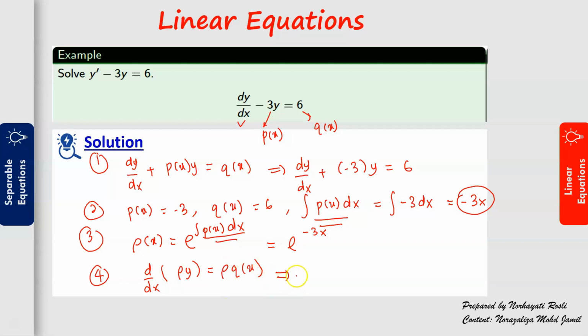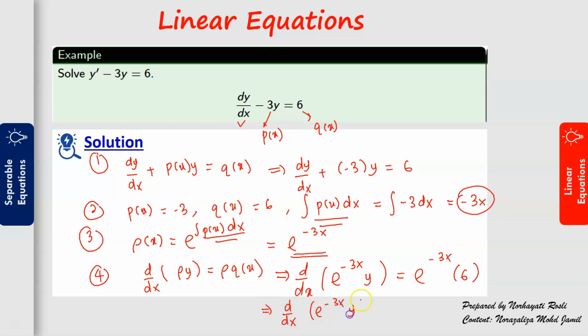So class, based on this we'll get d/dx. Rho, which is given in step number 3, is exponential of negative 3x, multiplied by y, equal to exponential negative 3x times q(x). And q(x) we got here is 6, so you need to multiply with 6. It means that we will have d/dx of exponential negative 3x y equal to 6 exponential negative 3x.